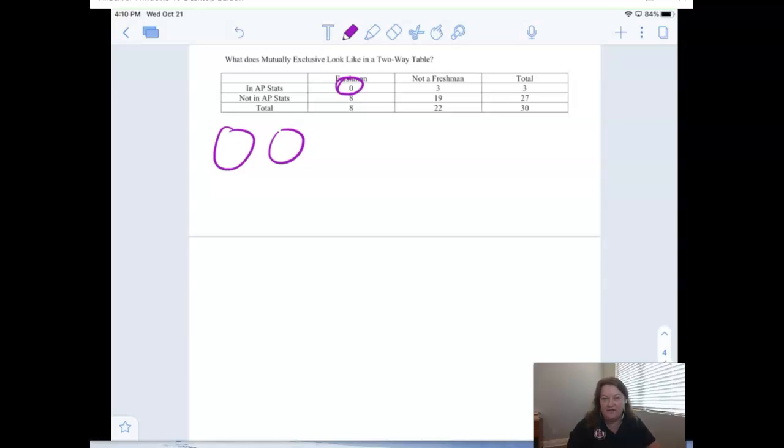So one of them would be in AP Stats would be 3, and then freshman would be the other one. Freshman would be 8, right? And then not a freshman and not in AP Stats would be the extra 19 out here of the sample space.